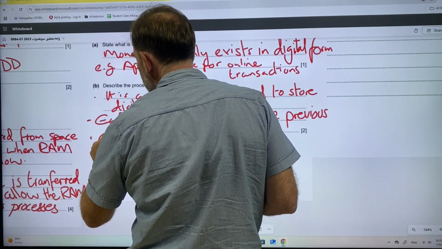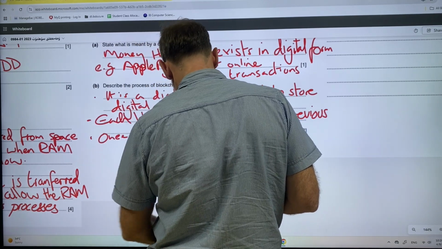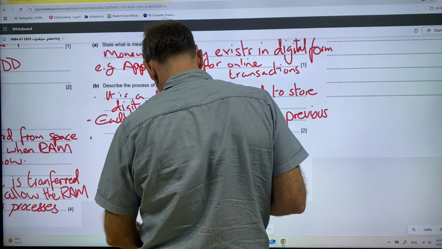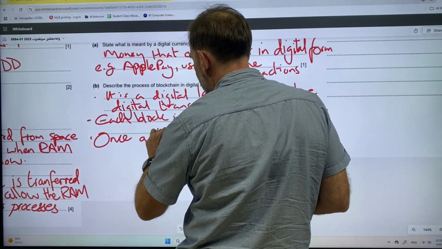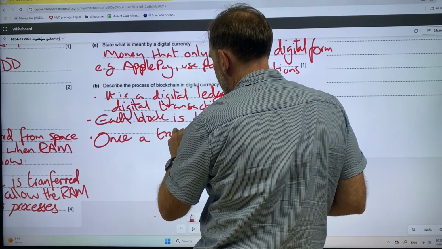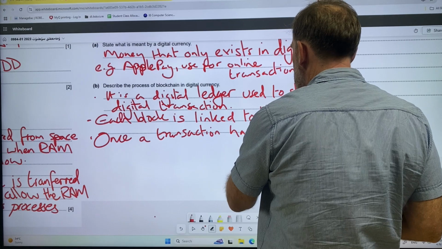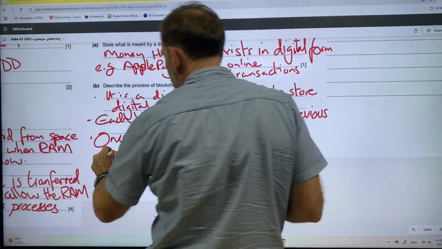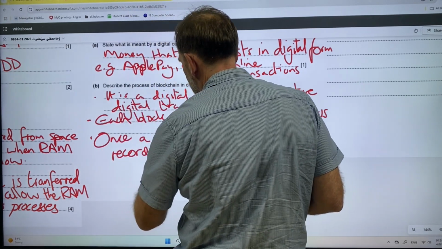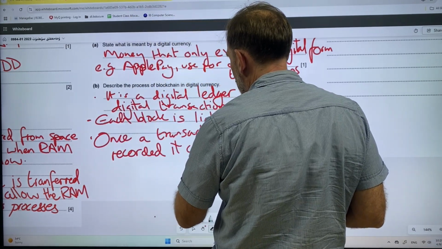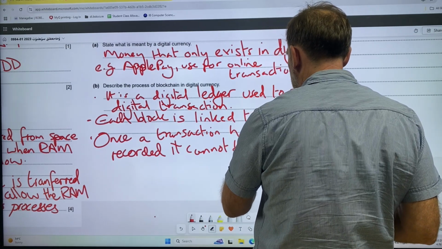Once a transaction has been recorded, it cannot be amended.